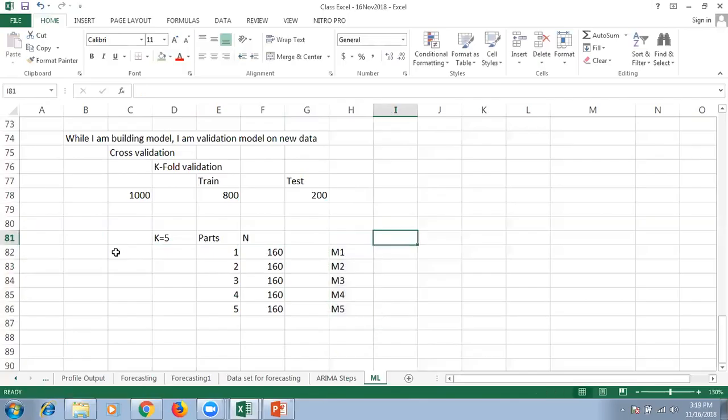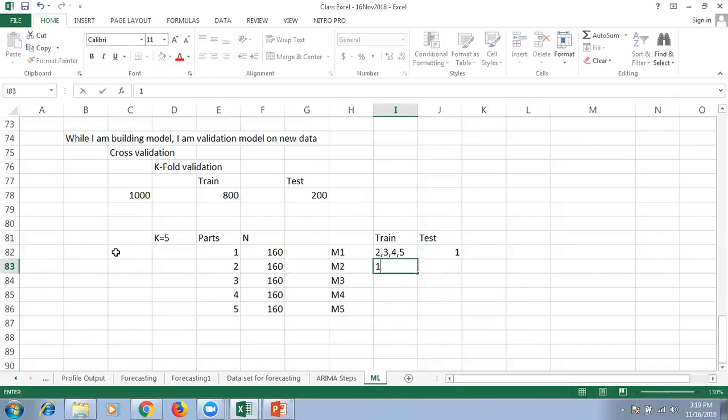When you are building 5 models, the model will take train and test. That means out of these 5 parts, it will take 4 parts, part 1, part 2, part 3, part 4, or maybe 2, 3, 4, 5, as train data, and my test data is part 1.